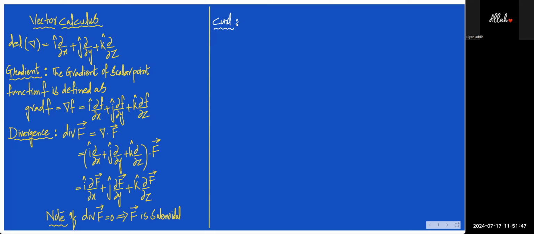You don't understand anything? Okay, I'll start. Everybody should give me answers. Now look at curl f: the divergence of f means del dot f, curl f means del cross f.